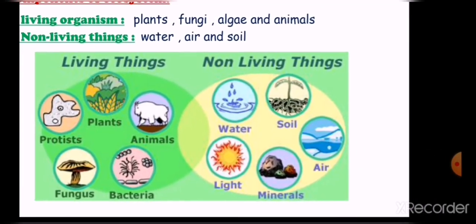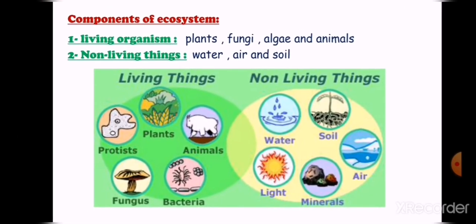So the components of the ecosystem are living organisms like plants, fungi, algae, or animals, and non-living things like water, air, and soil.